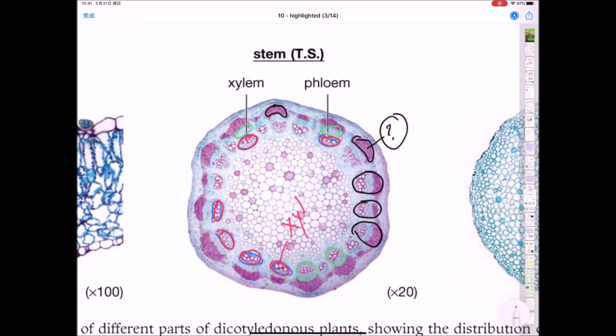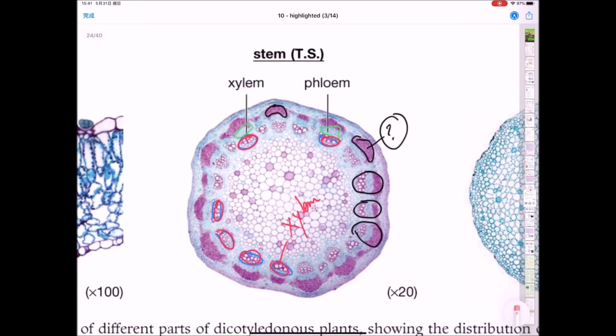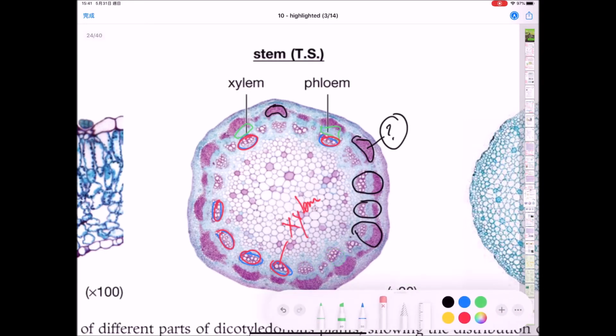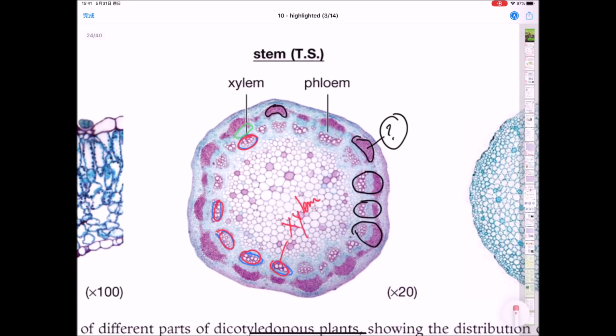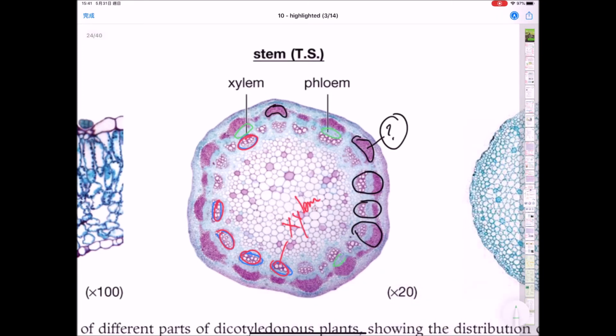And then for this green part, and then this green part, they are immediately behind the xylem vessel. They are the phloem vessel.